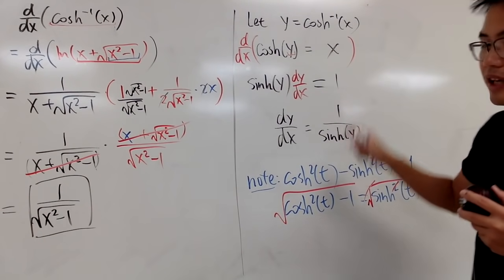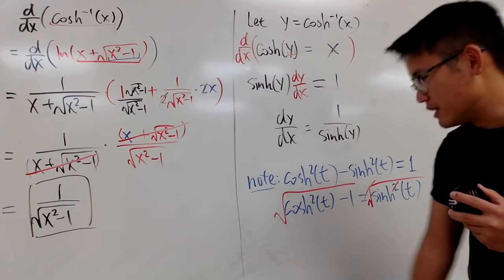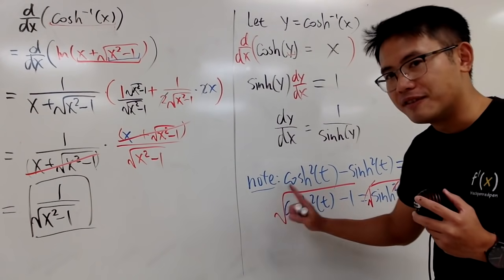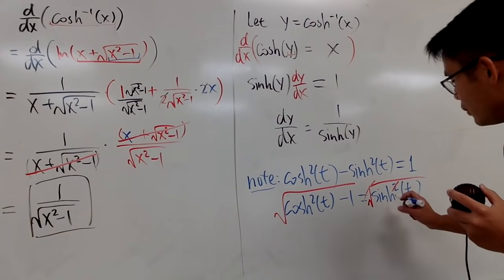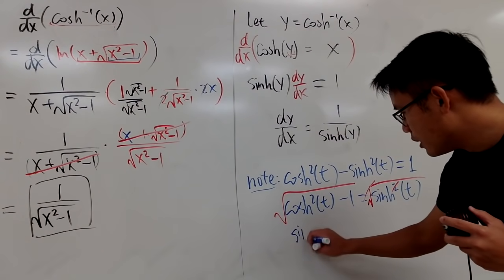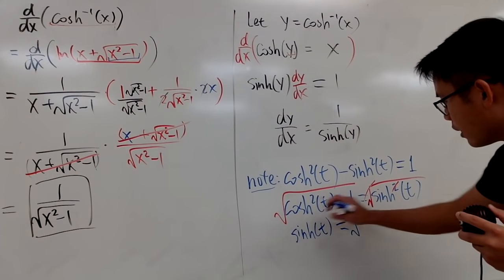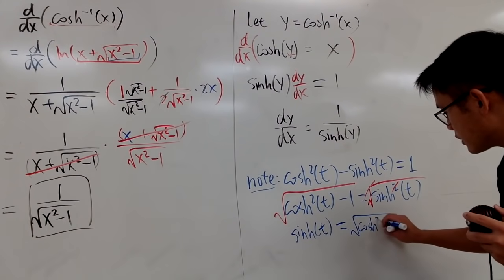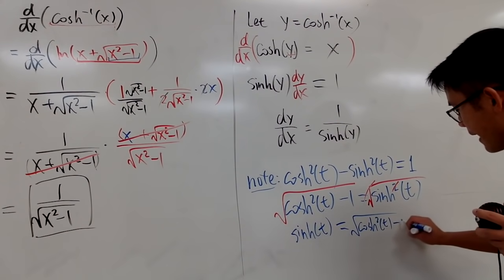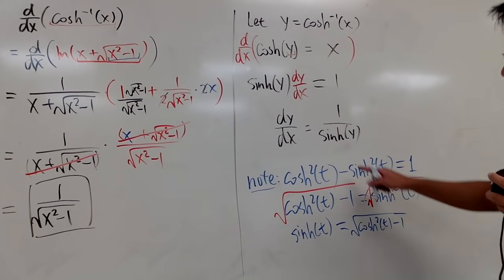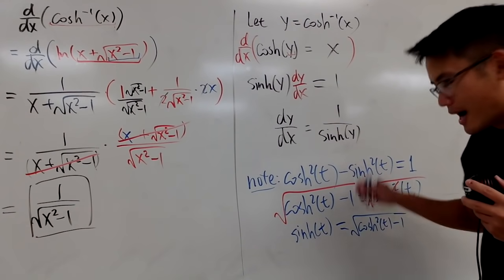Therefore, the derivative has to be always positive, so you just want the positive square root. So you see that sinh of t is equal to square root of cosh squared of t minus 1. And here we have sinh of y.